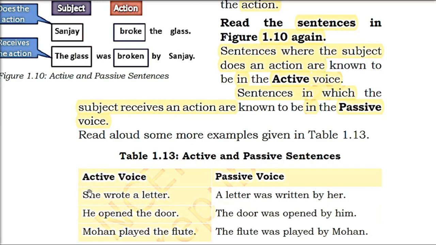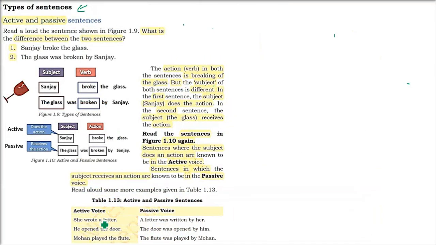So letter was written by her. Subject is the person or a thing who does an action. Letter is an object because it is receiving an action. Verb is an action, kriya.